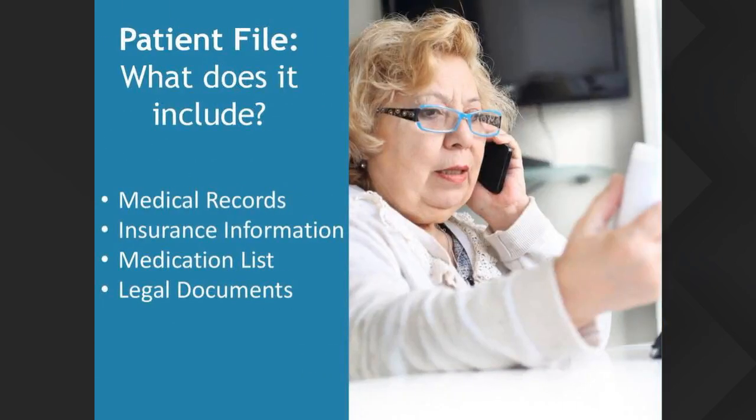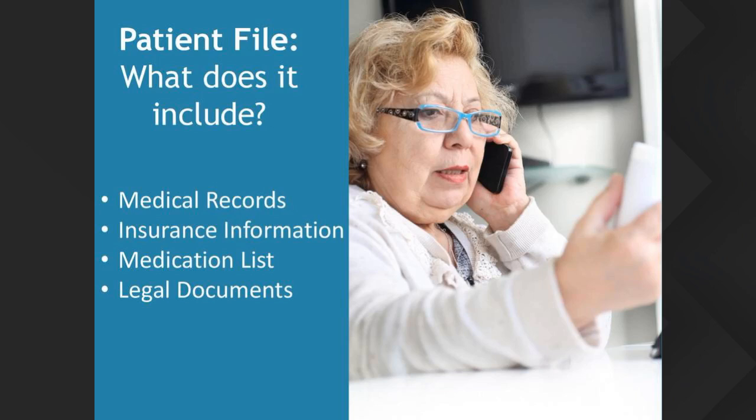So what should be included in here? When we're talking about medical records, this really does include various test results, vaccination records, information about your provider. This is especially important when your loved one has many different doctors or specialists, especially if they're not in the same network.